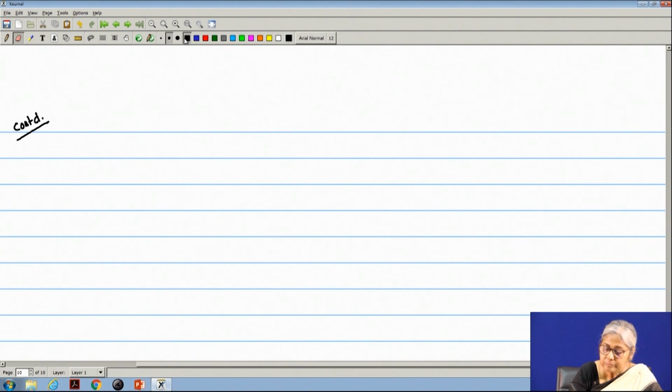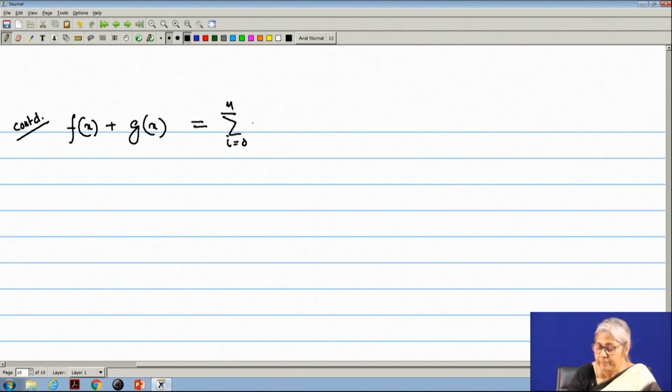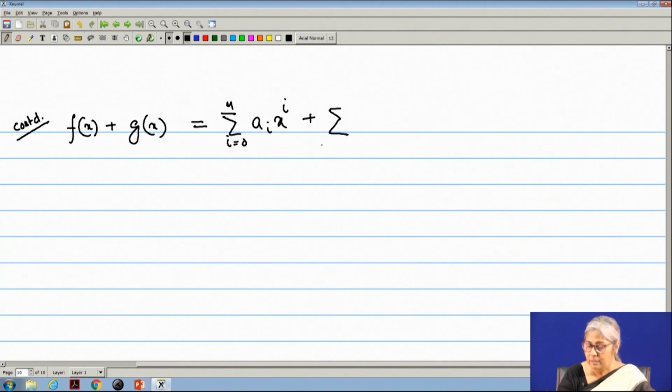f(x) plus g(x) is the sum from i equal to 0 to n of a_i x to the power i, and the sum from i equal to 0 to m of b_i x to the power i.